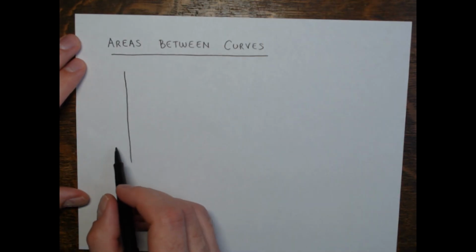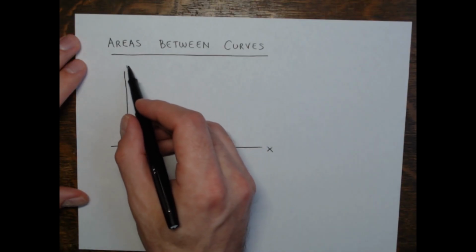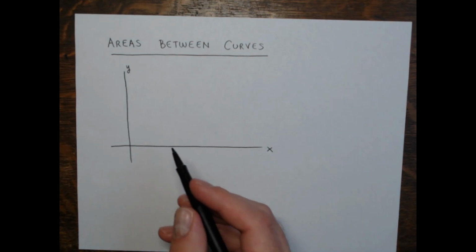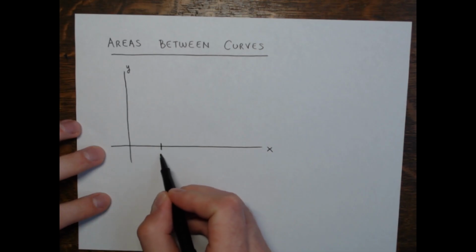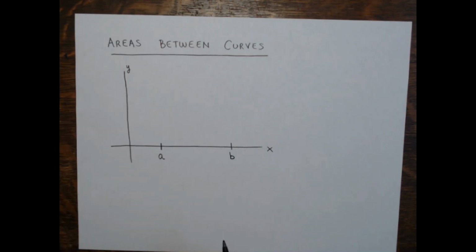So suppose I have the xy plane here, and we're going to be looking at some region over the interval from x equals a to x equals b, but the region between two curves.